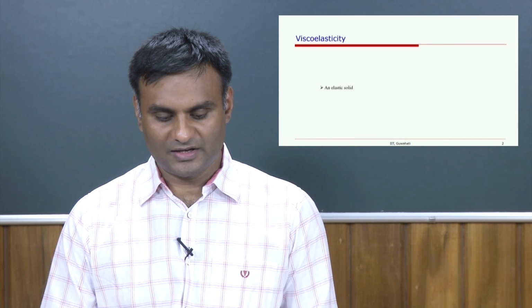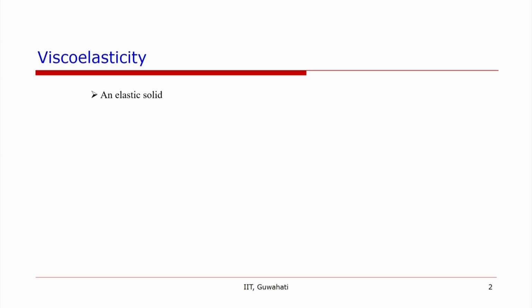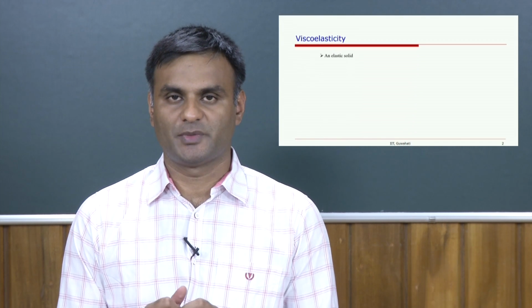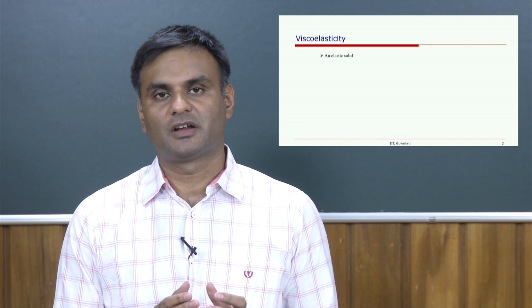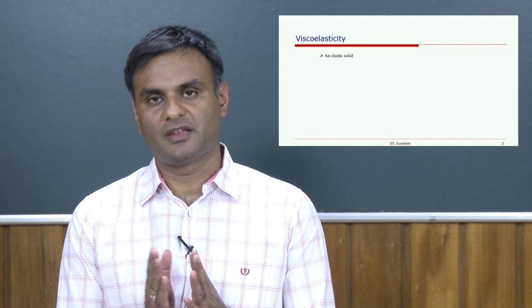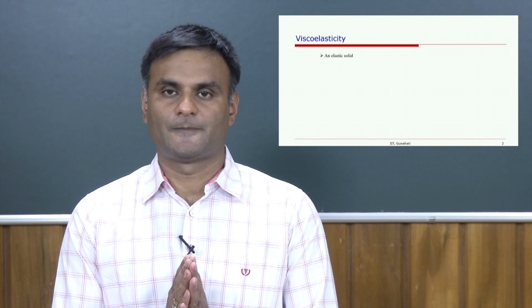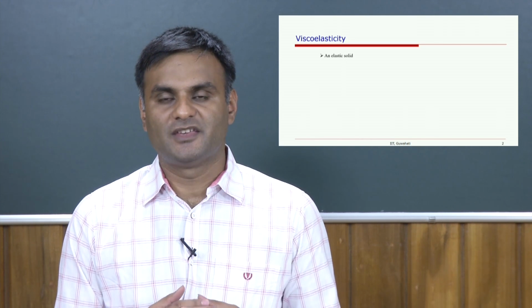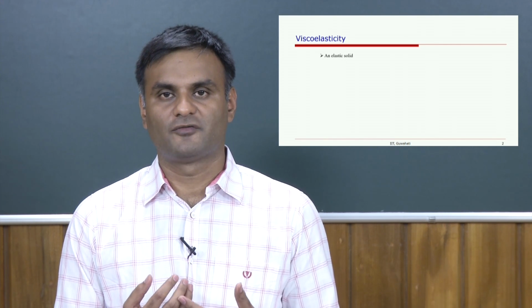Okay. So, let us now consider what viscoelasticity is. Let us look at the two terms that the term viscoelasticity is made up of. One term is viscosity and the other term is elasticity. Elasticity is generally a property of solids.